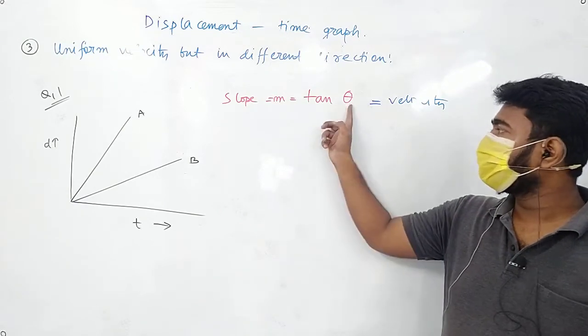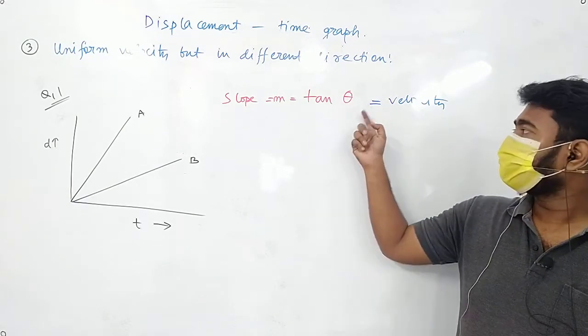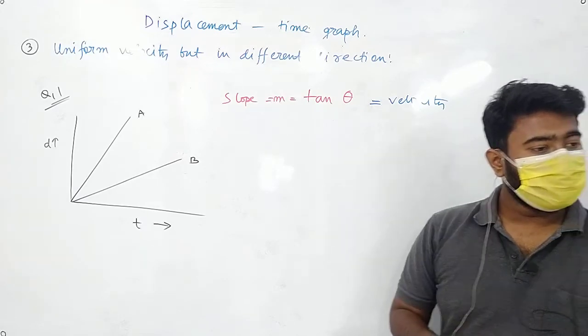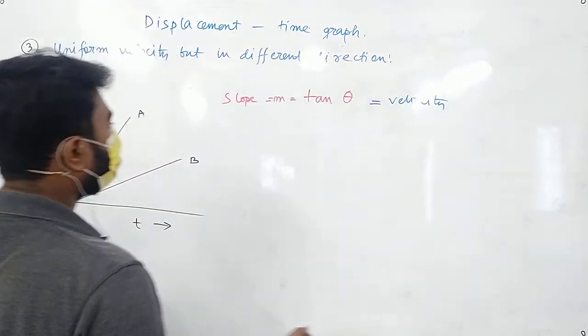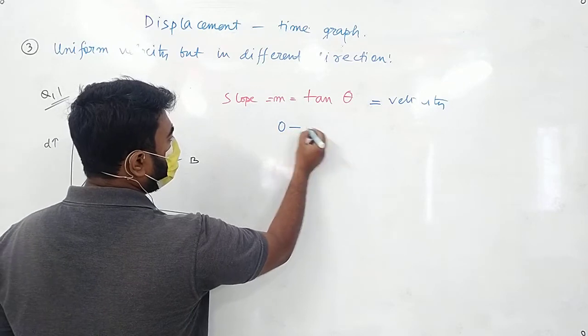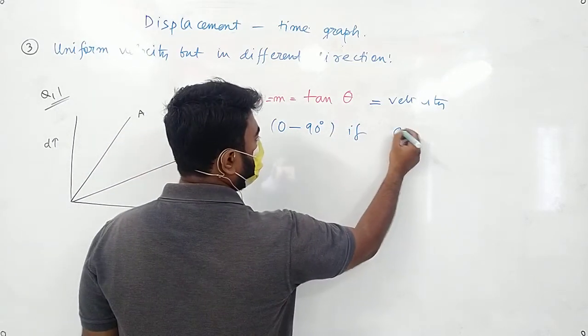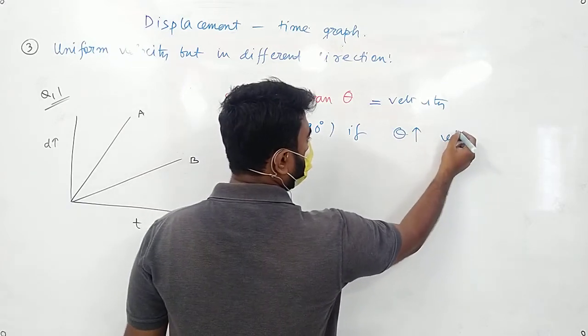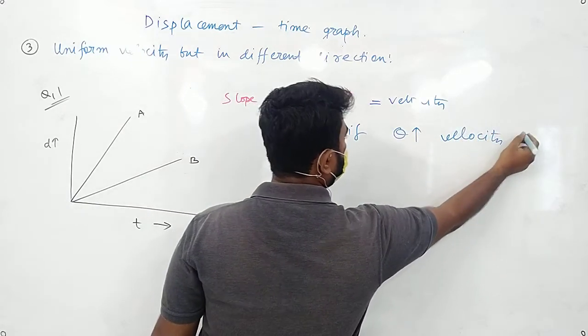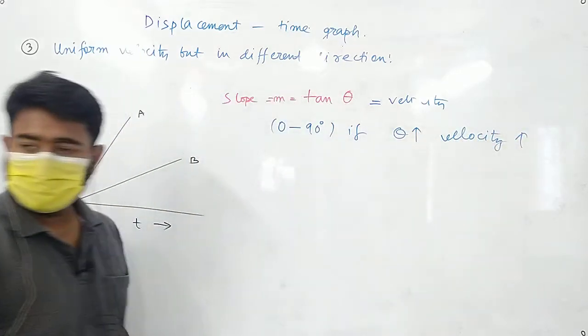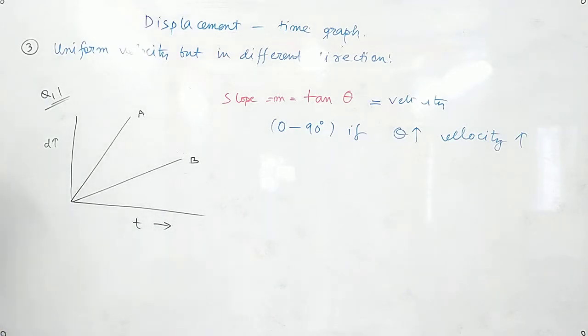Now the slope is dependent on theta. That means if theta is more, the velocity will be more. So remember, from 0 to 90 degree, if theta is more, the velocity will be more. Is that clear?